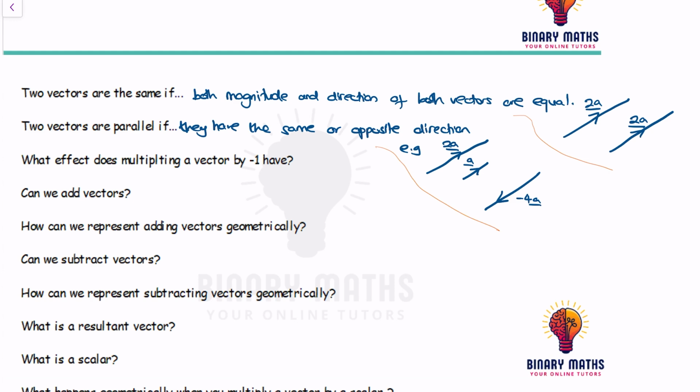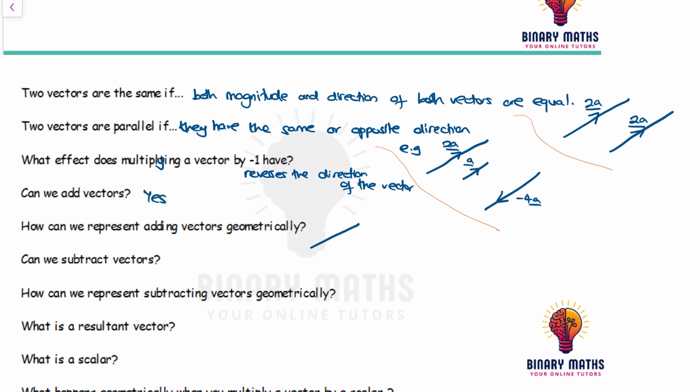What effect does multiplying a vector by -1 have? It reverses the direction of the vector. Can we add vectors? Yes, and how can we represent adding vectors geometrically?